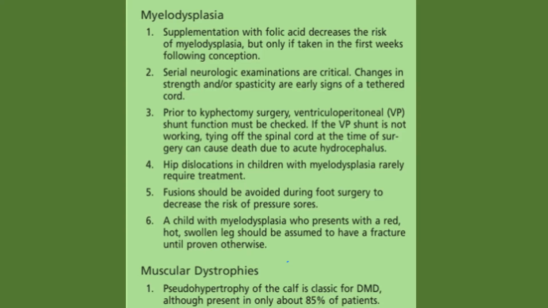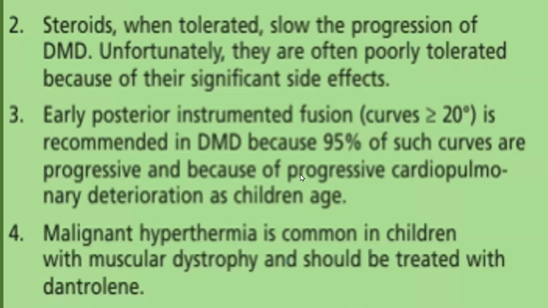What about muscular dystrophies? Pseudohypertrophy of the calf is classic for Duchenne muscular dystrophy, although present in only about 85% of patients. Steroids, when tolerated, slow the progression of Duchenne muscular dystrophy.